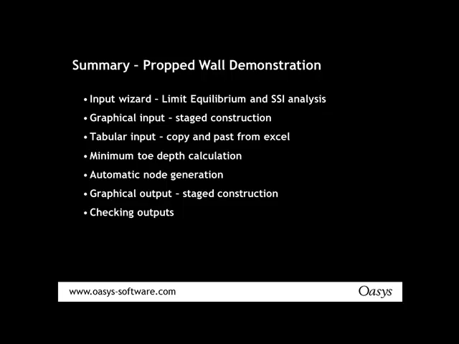Minimum toe depth calculation, how powerful that can be, and how that makes your analysis much quicker. Again, automatic node generation. As you can see, there are some things that you would have to worry about with manual node generation. Automatic node generation makes it that much easier. Graphical outputs, the power of looking at different stages and how you can glean information from your graphical output, and how important it is to check your graphical outputs and understand what's going on, and then alter your design accordingly if it's necessary.